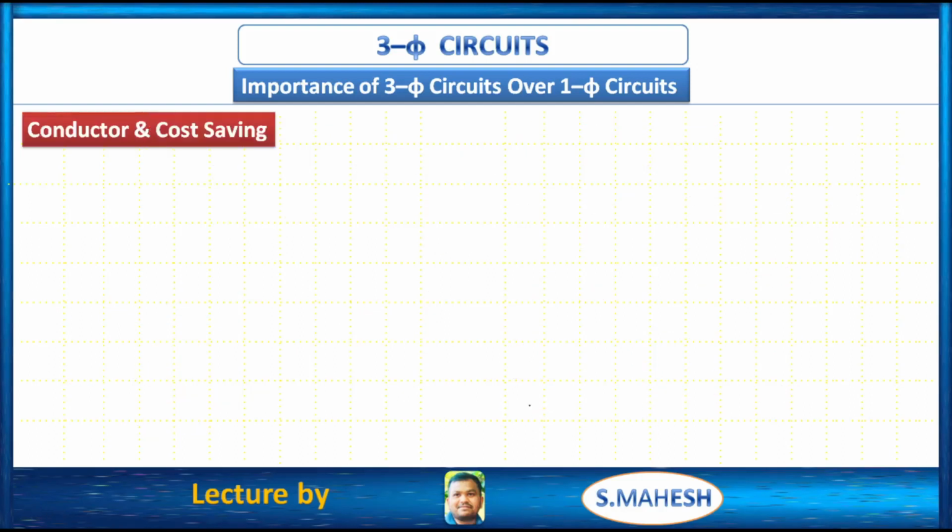Next, conductor and cost saving, you can write this as one point. For example, if we consider a single phase system, we require 2 conductors: the go conductor and the return conductor.